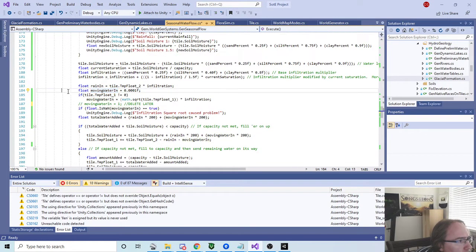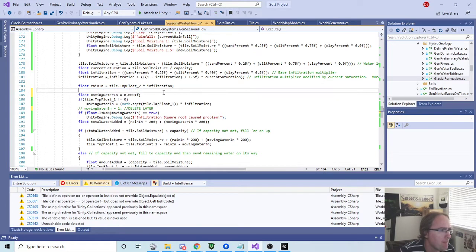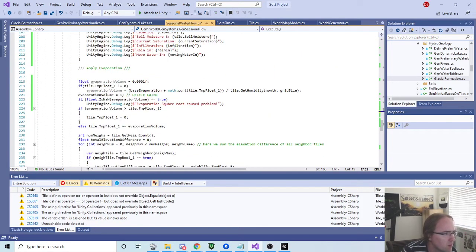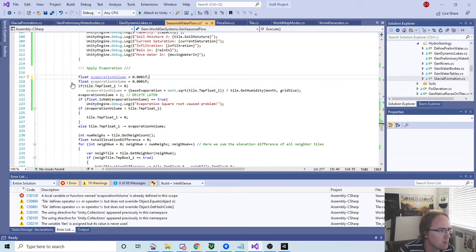Yeah, hold on a second. Let me try this again. Right, this should have excluded the calculation from happening to begin with, and the default value should have just been 0. So what's going on here? Okay.